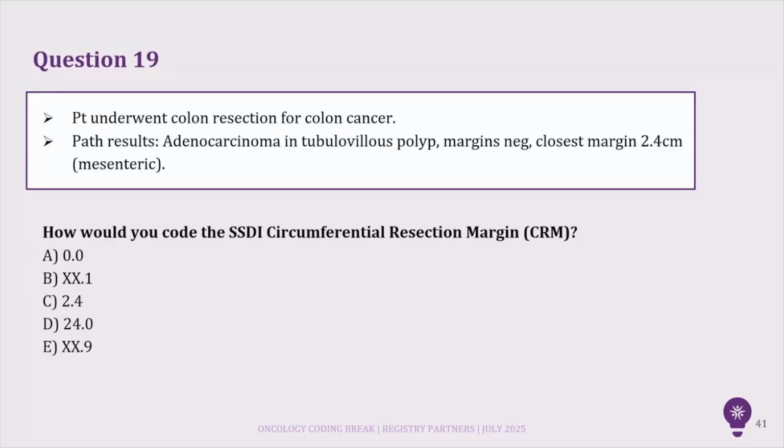Okay, we're slowing down a little bit. So here are the results. And we're going to look at the colon-specific instructions for this one. So we are going to code in centimeters, first of all. Also, there are some synonyms for CRM, and I've included them here for you.